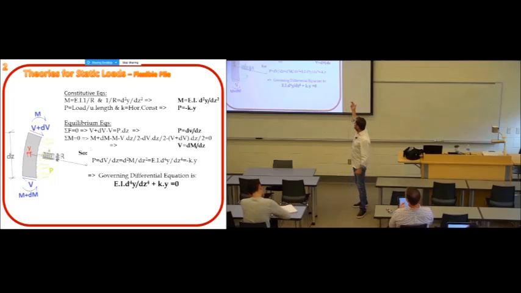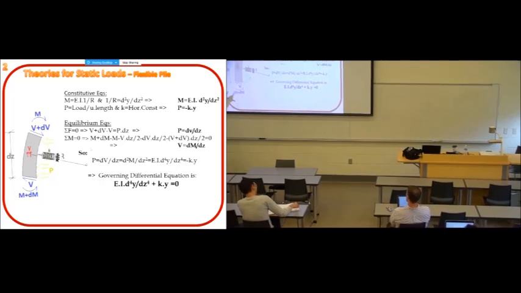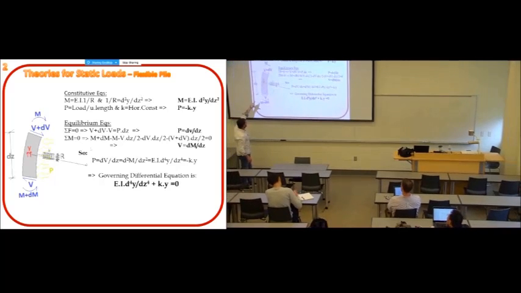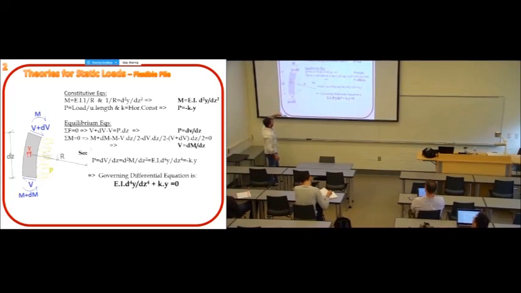So these are two equations from the constitutive equation. Then you look at the equilibrium equations. If you look here, the sum of forces in the horizontal direction, V plus dV, P dz, because pressure times the height, should be 0, and then the sum of moment around the center should be 0.